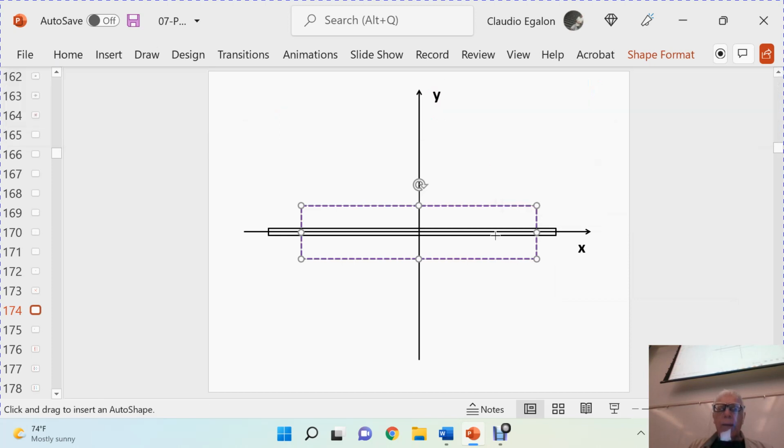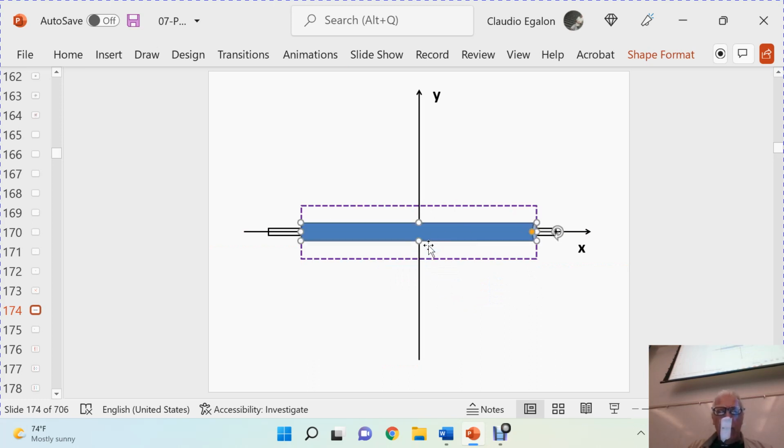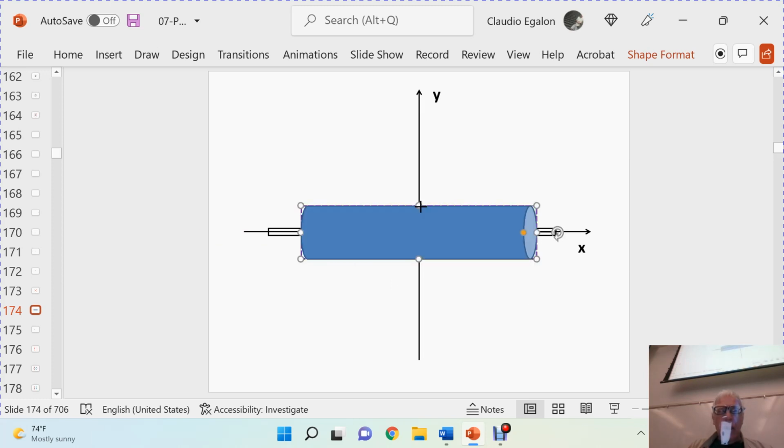I'm going to get this one here and rotate the cylinder. That would be the best way of drawing it. A cylinder of radius r, replaced by this line that you see.